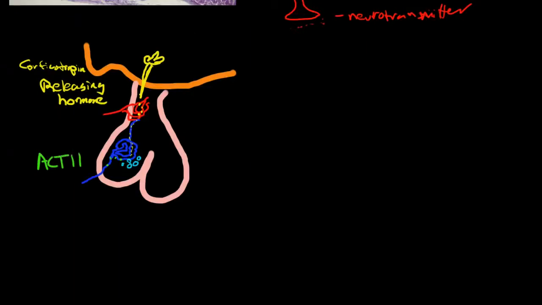So it's going to release ACTH, and then ACTH is going to float through the bloodstream and move down into the heart and out through the aorta and down till it works its way up the adrenal artery to the adrenal gland and into the zona fasciculata in the adrenal gland.